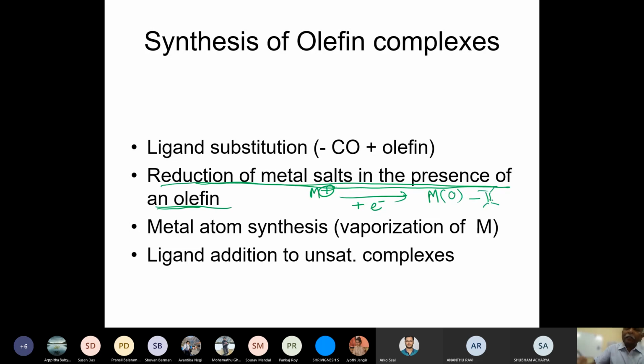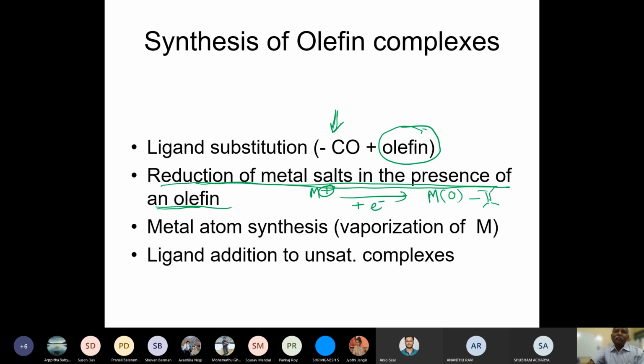On the other hand, if I make a metal carbonyl complex, which is already in the zero valence state, then the zero valent metal will not have any problem interacting with an olefin, because the carbon monoxide ligand that is remaining on the metal can have better pi accepting property.